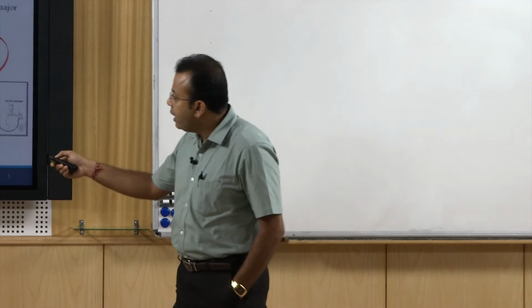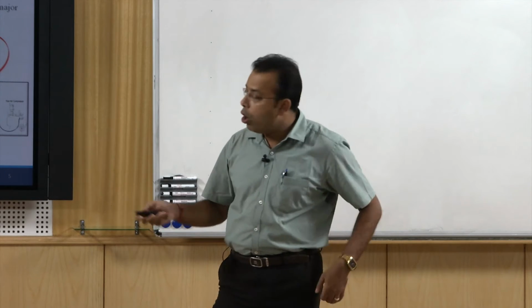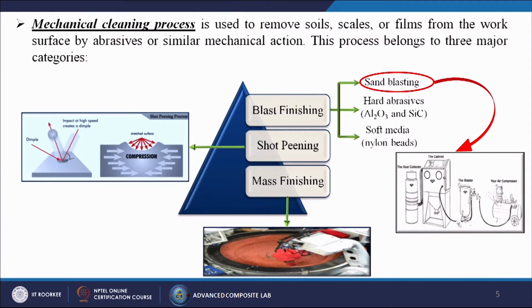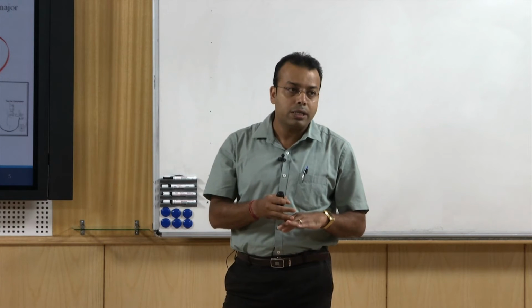Due to that kinetic energy, they give depressions onto your material surface. So the material surface is modified, or some impurities or dust particles may be removed by the impact of those balls on that surface.